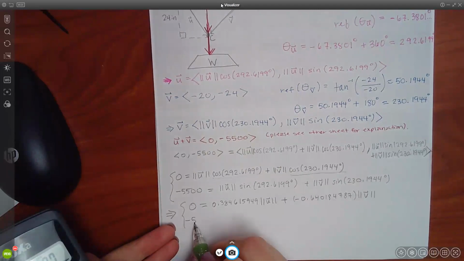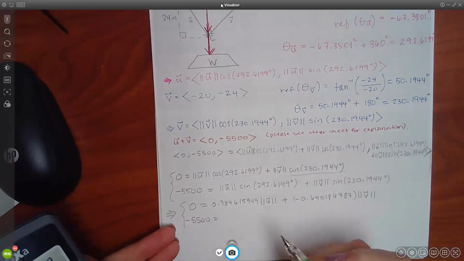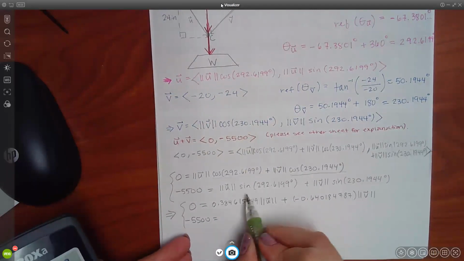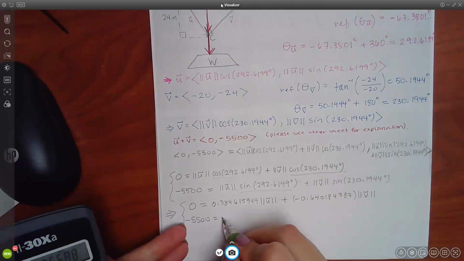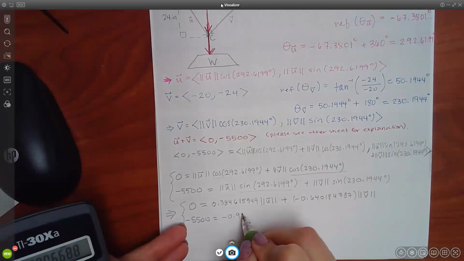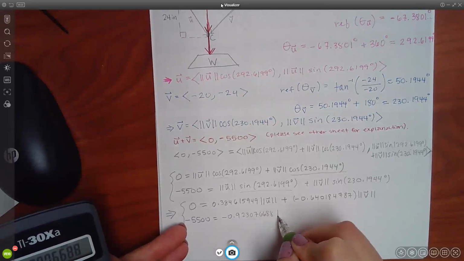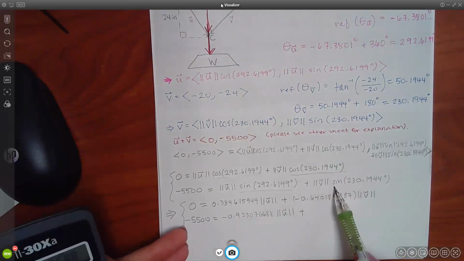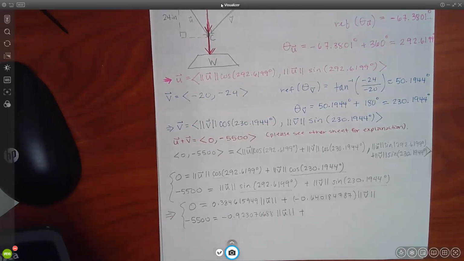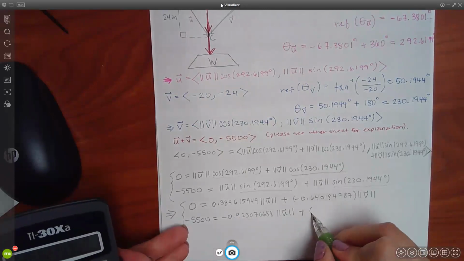I'm going to keep this guy the same. And then I'm going to find this value. And so I get negative 0.923 times the magnitude of U plus, and I'm going to find this value. So it's not the process here that's complicated. It's just all these numbers.